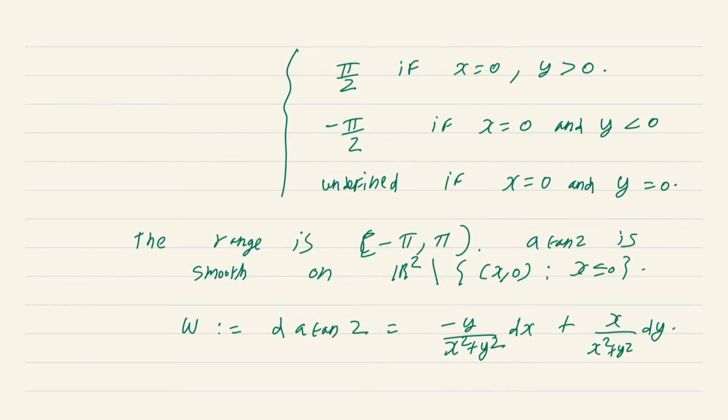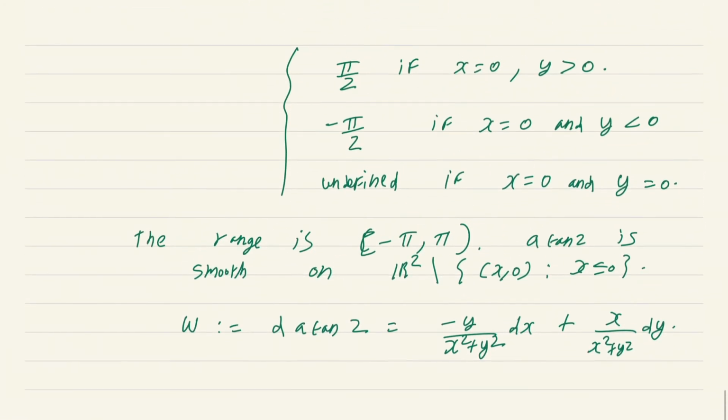This is just a straightforward computation in differentiating, so please do that. You will be able to get this. Note that this form omega is in fact C infinity smooth on R2 minus the origin.